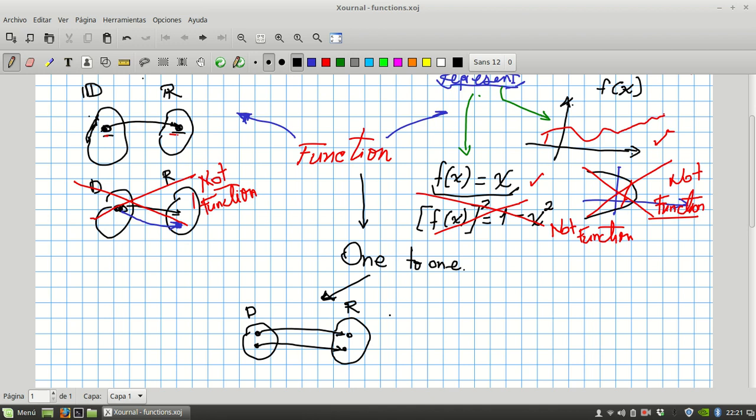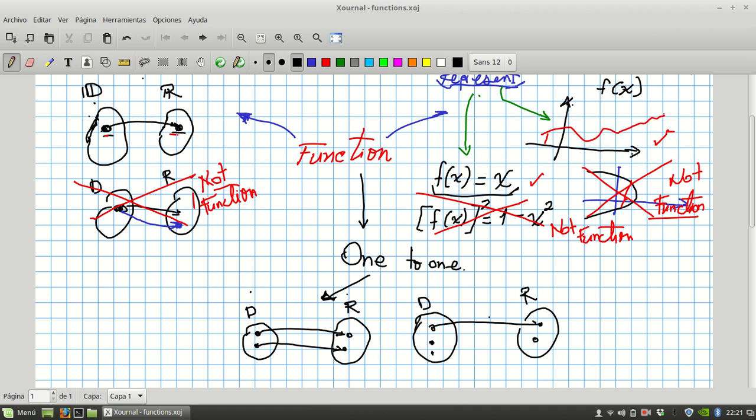Let's see this function. For example, we have here the domain, we have here the range. Look at that, the definition of one-to-one is for one element of the range corresponds one element of the domain. And the definition of function is for one element of the domain corresponds one element of the range. So look at, for example, this function here. I have 3 points here, 2 points here.